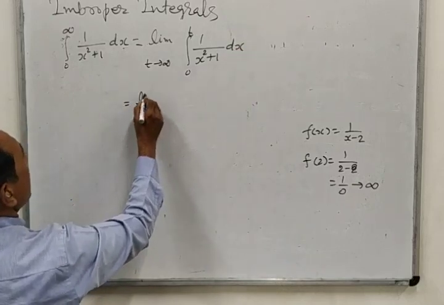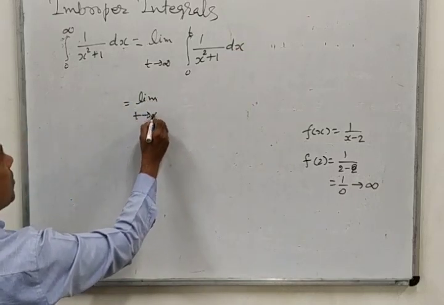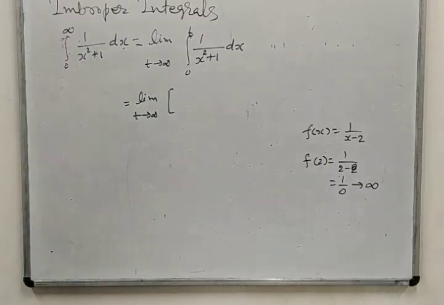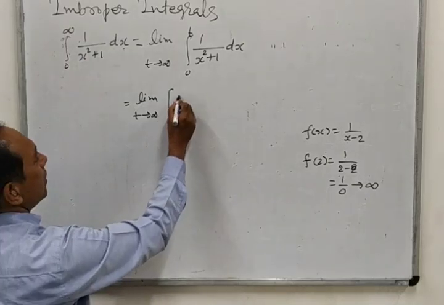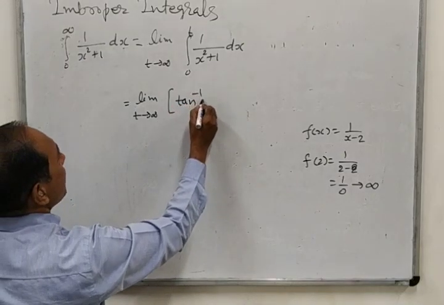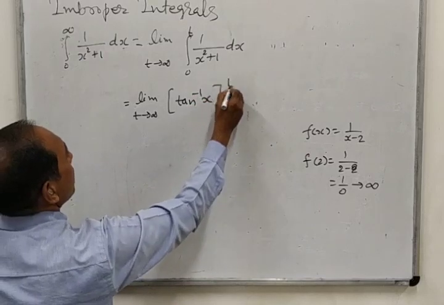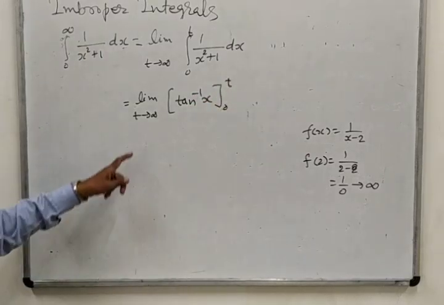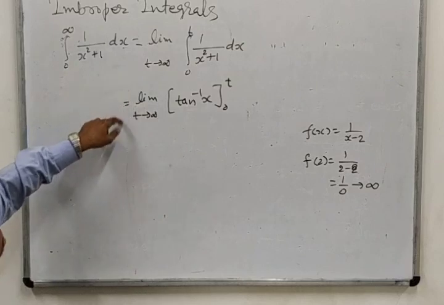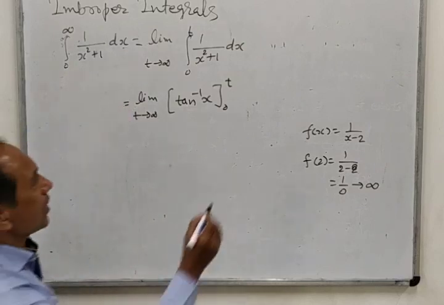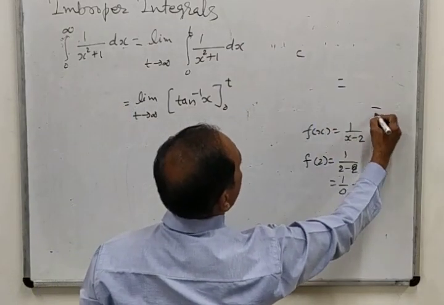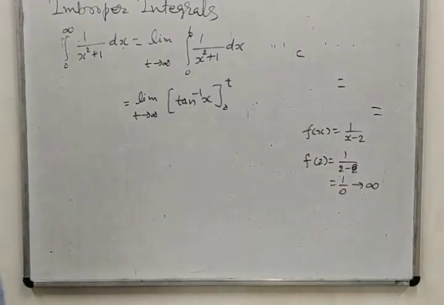So here you know the integration of 1 upon x square plus 1 is what? Tan inverse x. Okay? You always write in this manner, equal then equal. You don't write in this way, equal here, equal here, equal here. This is not a proper way.